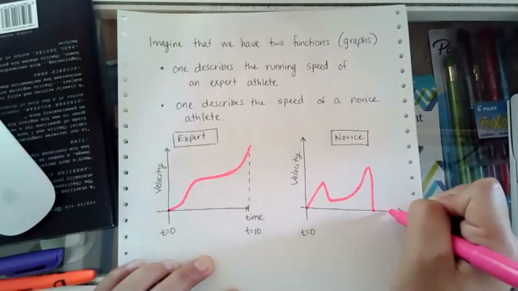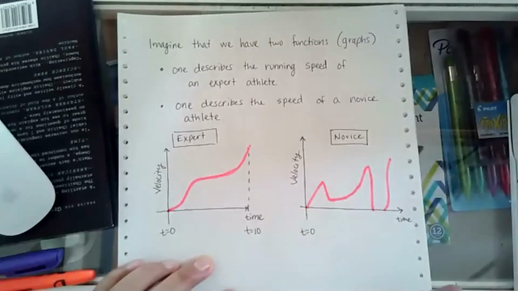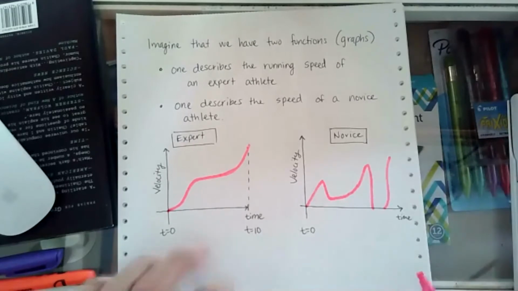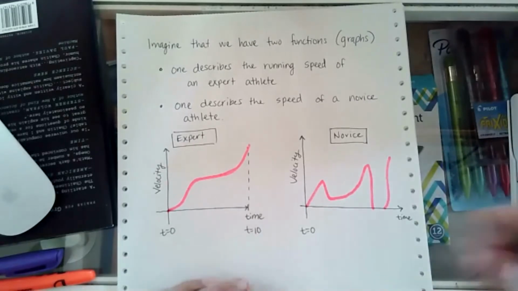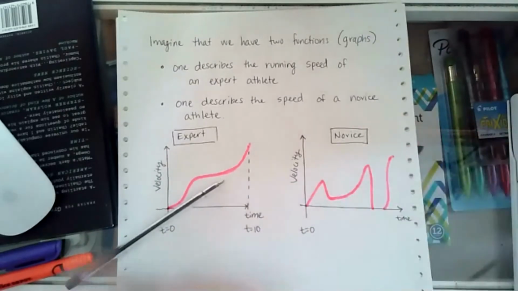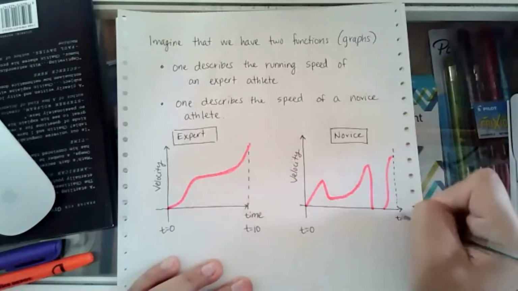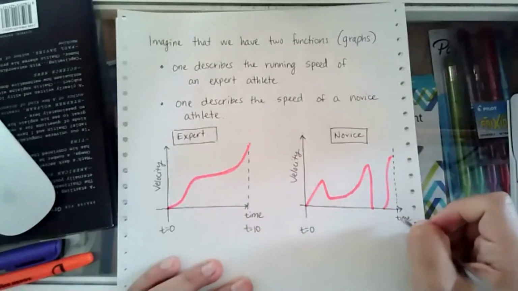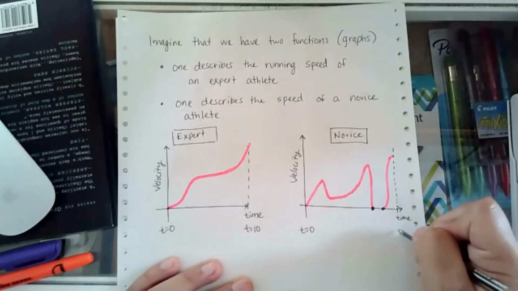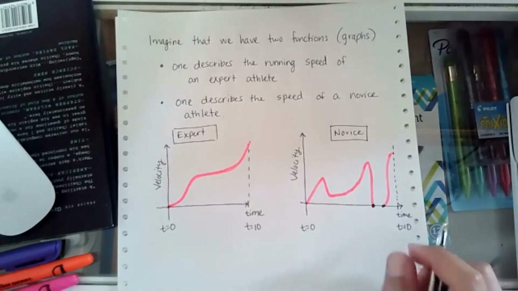And time continues going, but then they start running over here to finish. And they just finish all out, trying to go as fast as they can. Maybe let me make this one a little bit curvier there. So the behavior of this novice runner is a little bit different than the expert runner. And so this is t equals 10 as well.